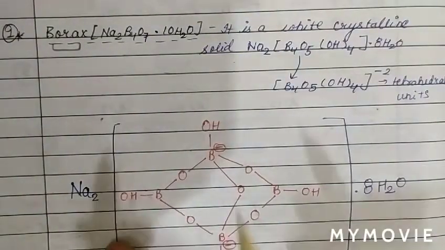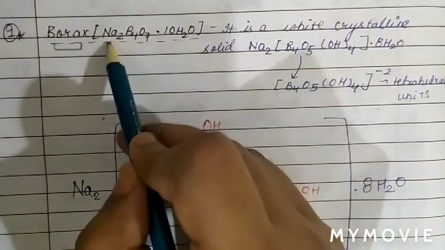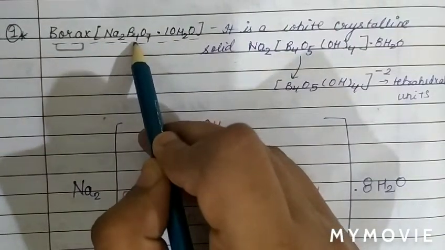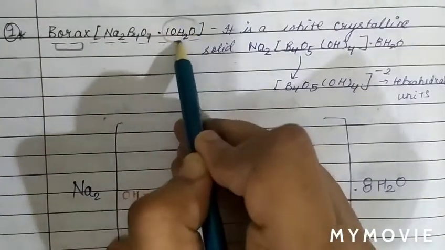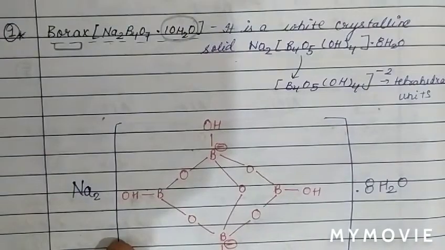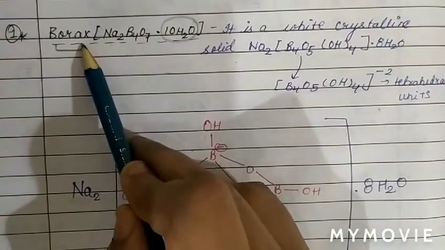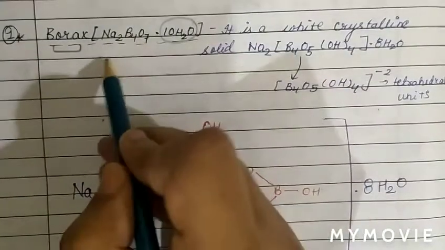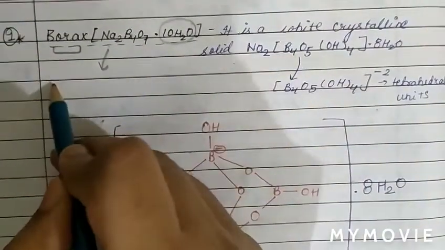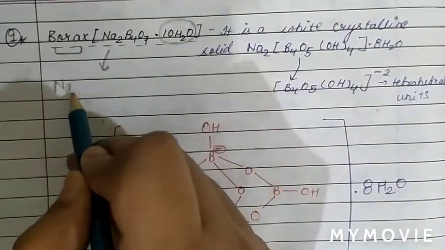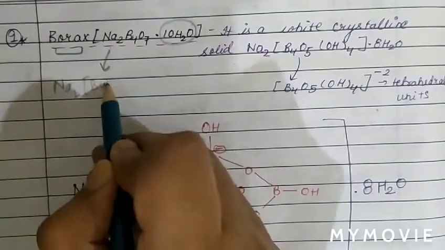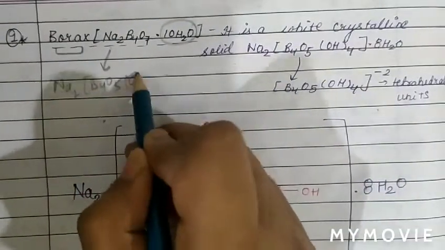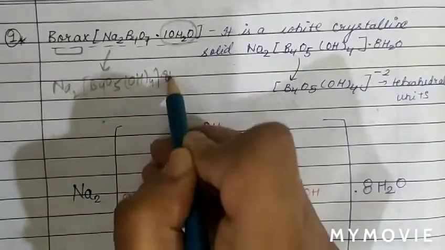The molecular formula of borax is Na2B4O7.10H2O. Also we can write the formula in the form of Na2B4O5(OH)4.8H2O.